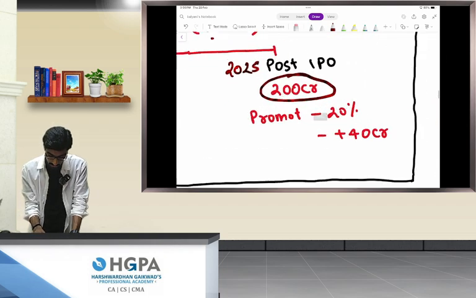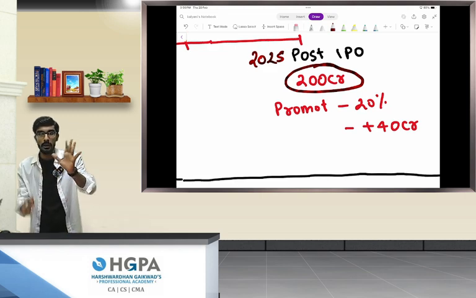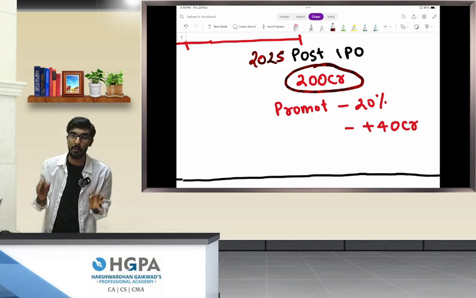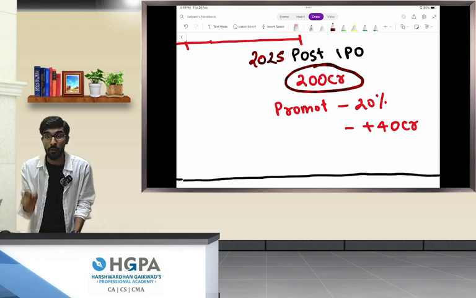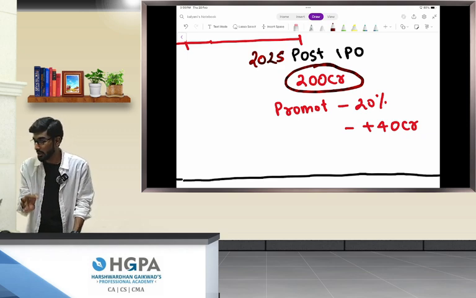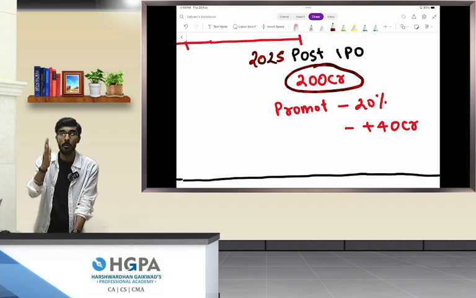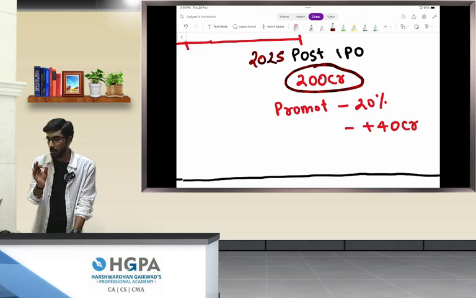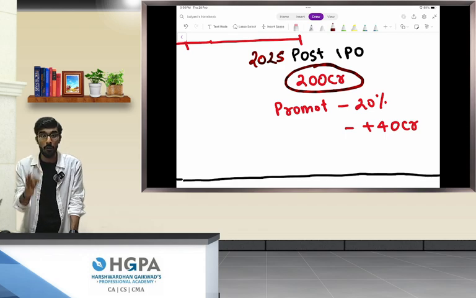Now after launching the IPO, the post-issue capital was 200 crores. Now promoters should contribute at least 20% of the post-issue capital after the IPO.